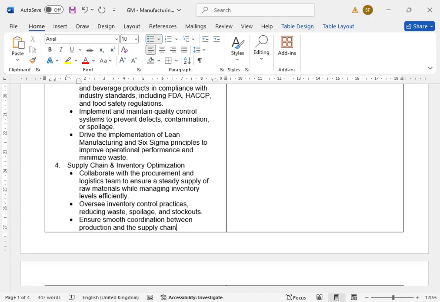Even for one day it's a big loss, millions in even one day. So that would be the supply chain, to optimize material flow.